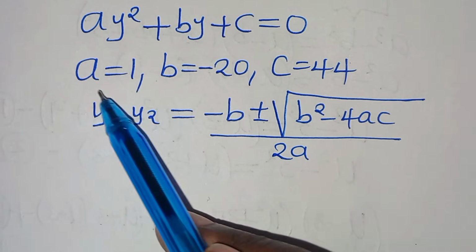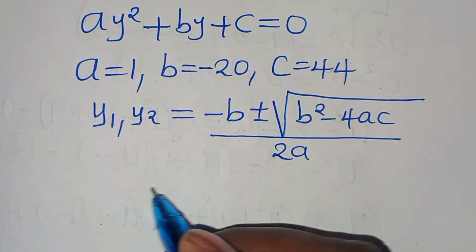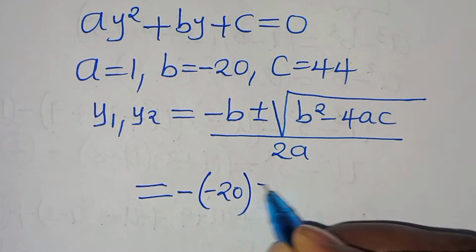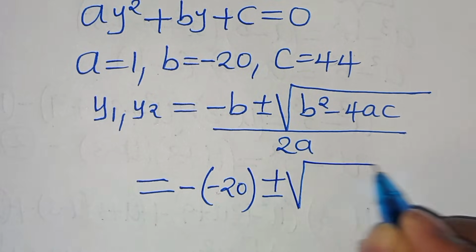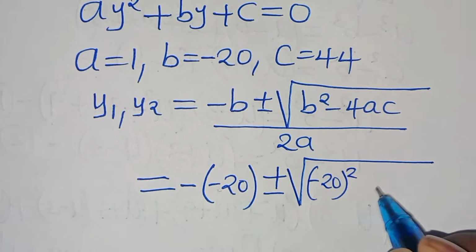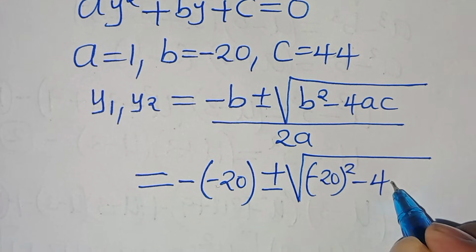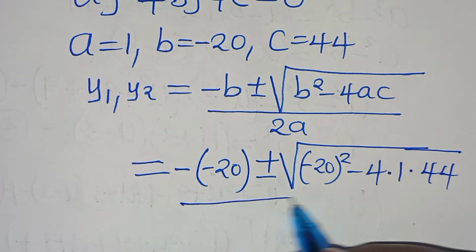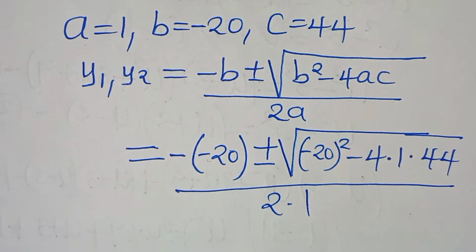Now let's substitute the values of a, b, and c so that we have minus 20 plus or minus the square root of minus 20 squared minus 4 times a, which is 1, times c, which is 44, everything divided by 2 times 1.